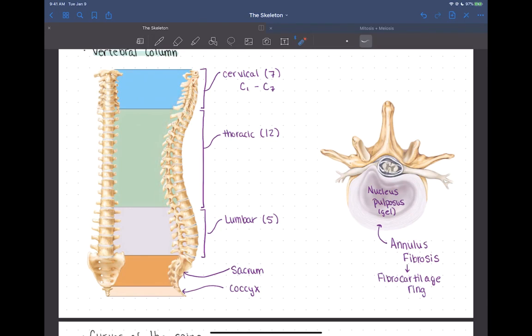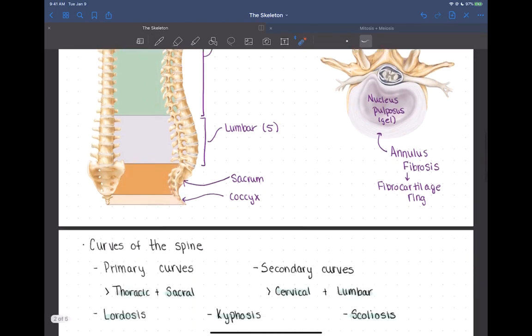The remnants of that are the thoracic region, which has that shape, and the sacral region here. Those two curves are the same curves that were present at birth. So a baby's spine has a concave, anteriorly curved spine like that. Those are the primary curves.